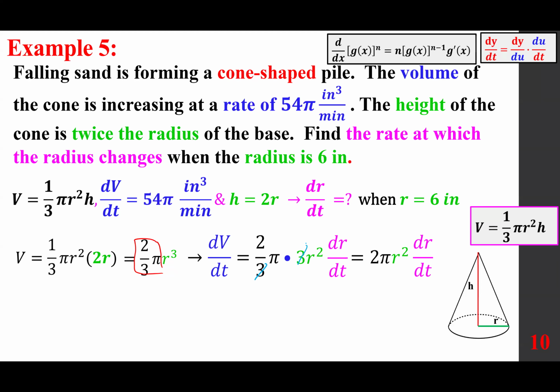You can either solve for dr/dt or just plug in. That means replace this one with 54 pi and the r with 6. 6 squared is 36 times 2 is 72. So the right side is 72 pi dr/dt.